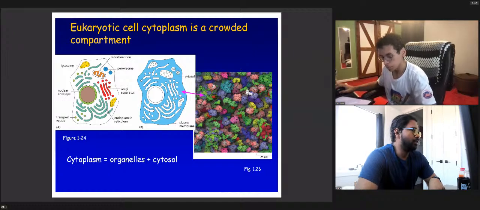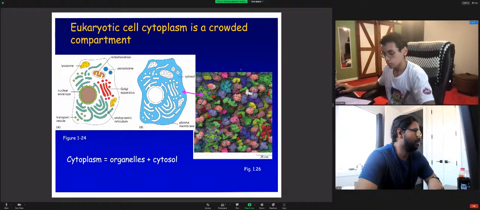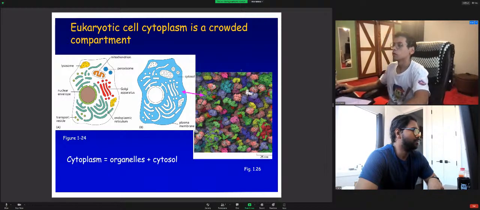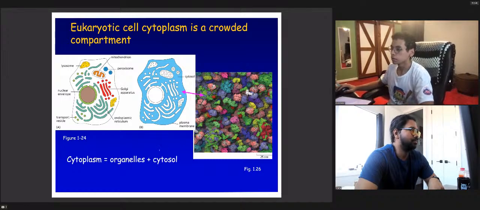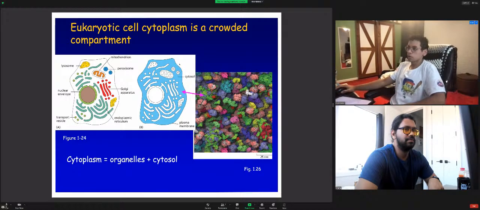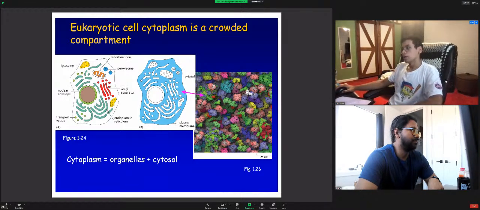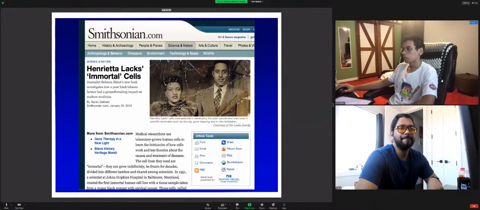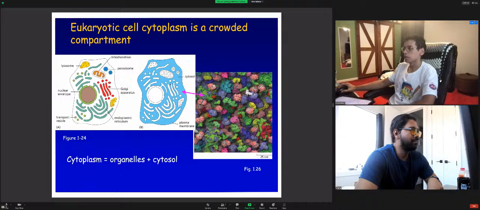All right, you pretty much know what the cytosol is. Cytoplasm equals formulas. Oh, that's just like the membrane spacing, right?